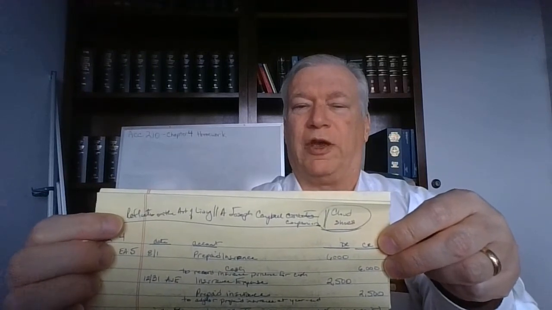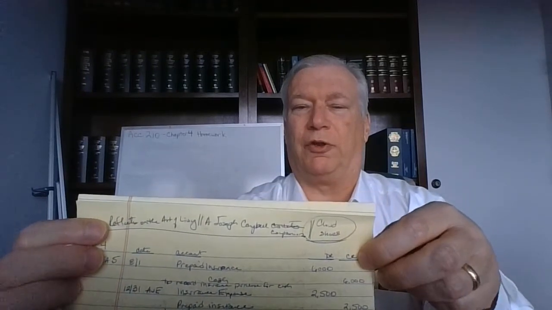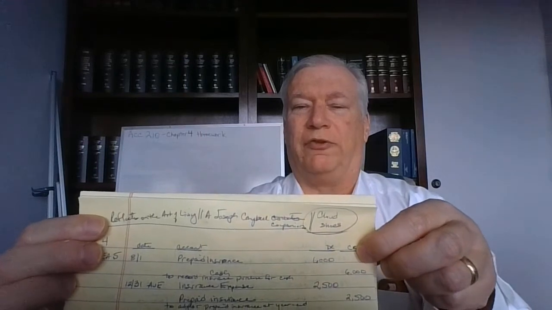So here's what I did. Back on August 1st, I set up the asset of prepaid insurance for $6,000, and I showed the credit to cash of $6,000, and I showed my explanation in my journal entry. And then actually the answer to your question is down here, the December 31st adjusting journal entry.